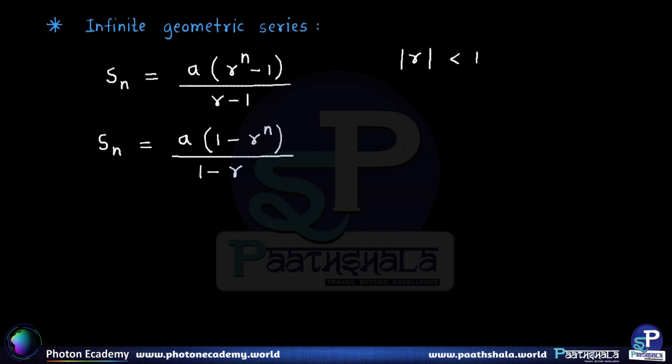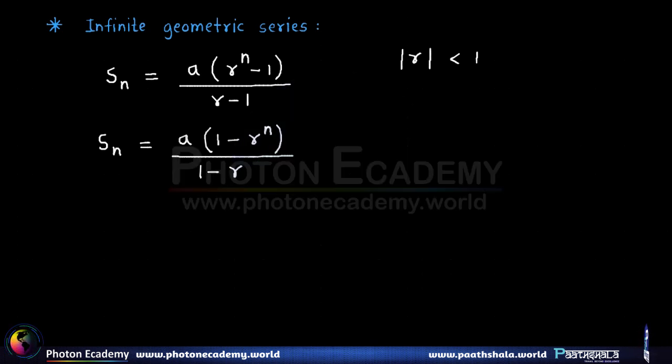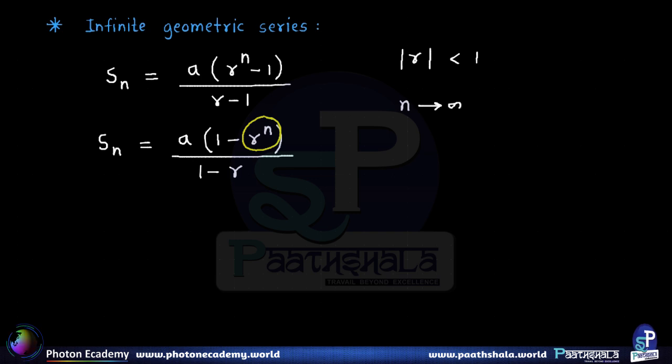In that case, if you observe the particular term in the formula, that is r raised to n, right? Now as we are talking about infinite geometric series, it means that n, the number of terms, approaches infinity because we are taking infinitely many terms.